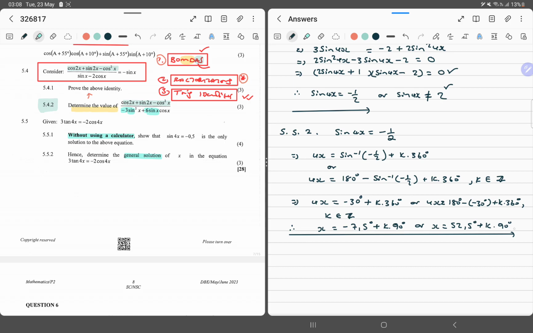Oh yes, this answer is incomplete if you don't say k is an element of Z, the integers. Okay, so you're getting a mark for each one of those two general solutions.